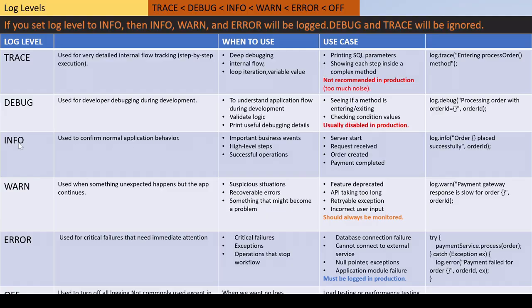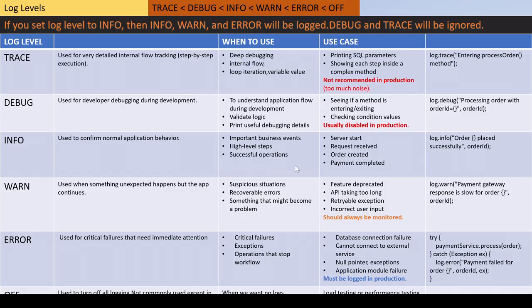So this info level is used to confirm some normal application behavior. For example, if we are creating a user or a payment gateway, like here I have given an example, a user has been created. It logs important business events, high-level steps, successful operations.